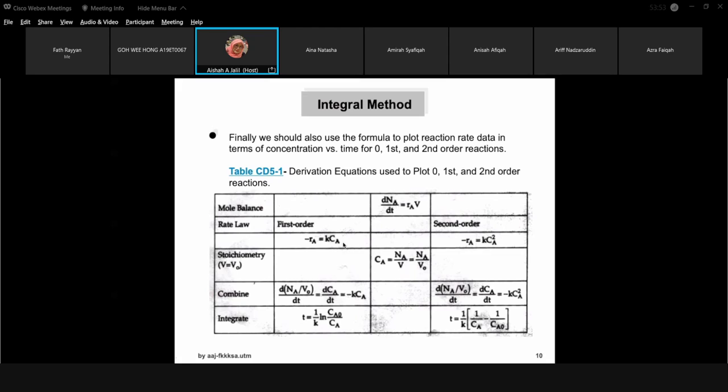So that is about the differential method. We have three types of differential method: this graph, polynomial, and also finite difference.